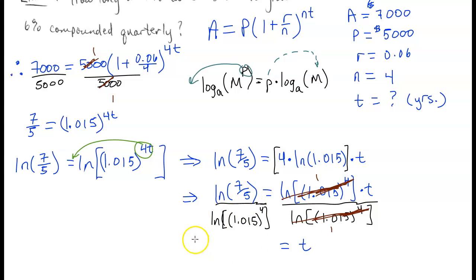And here we would just have what you see above. So just natural log of 7/5 divided by natural log of 1.015 raised to the 4.